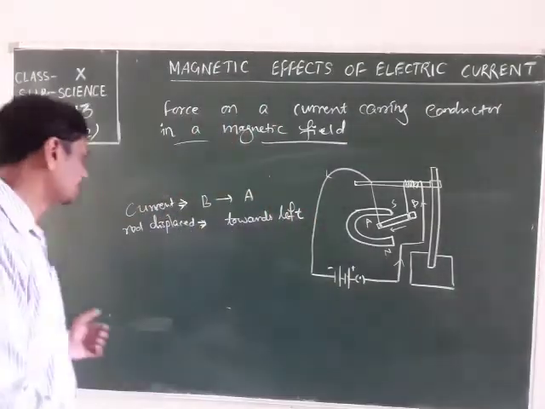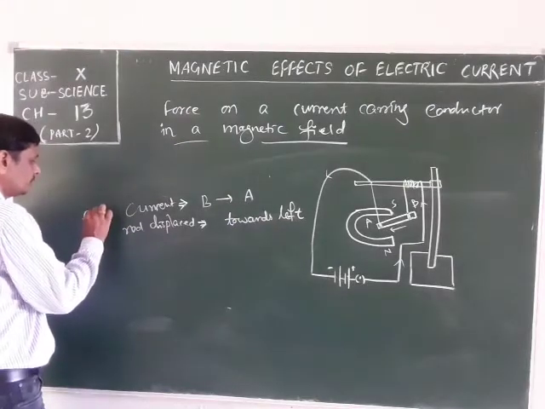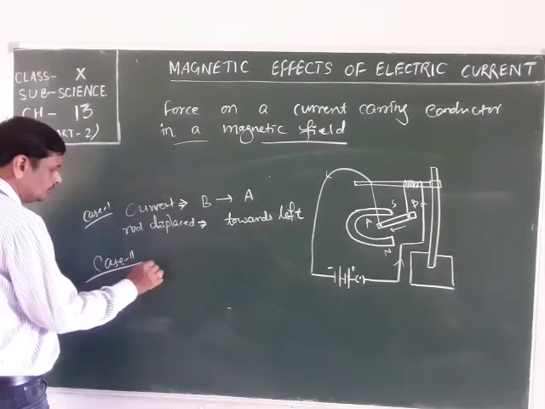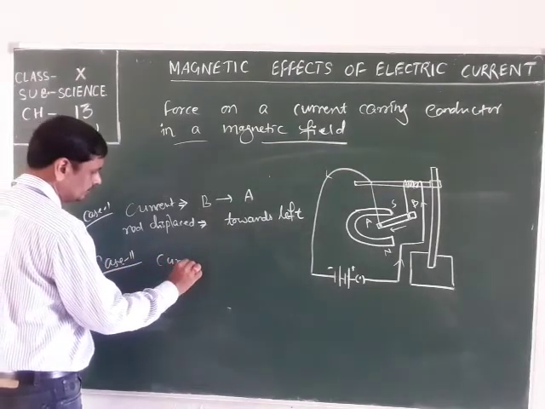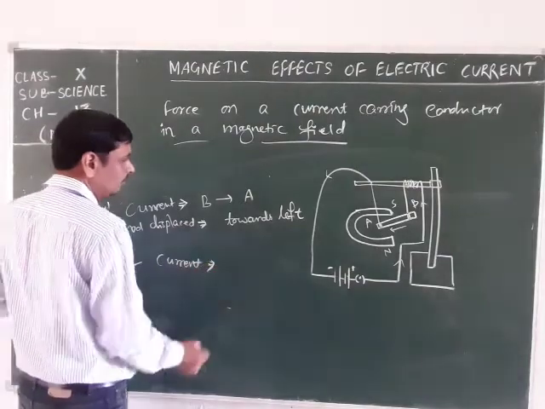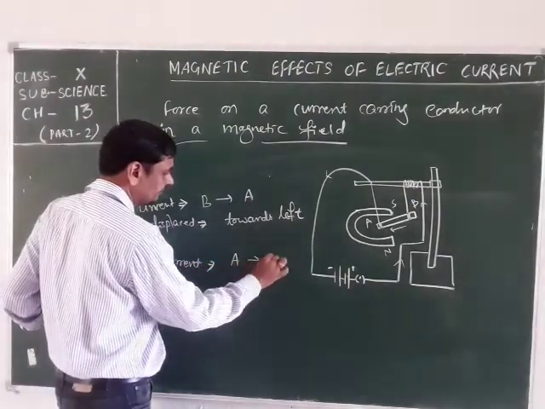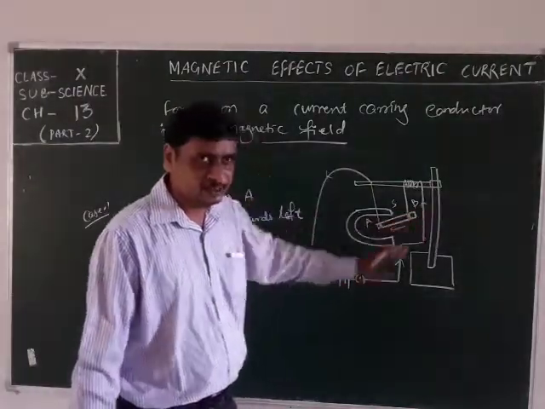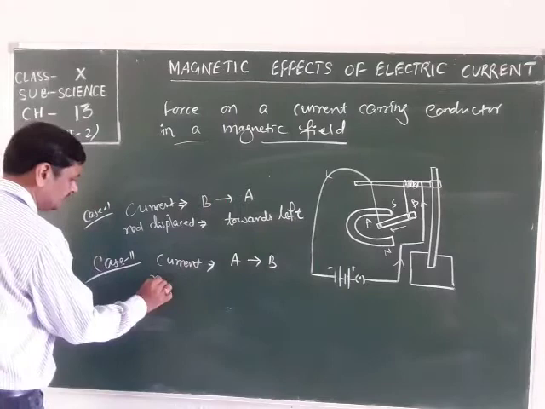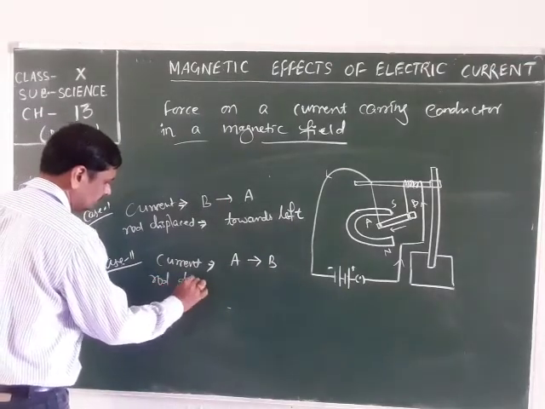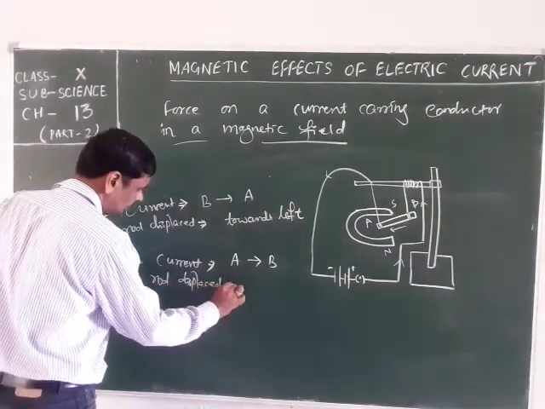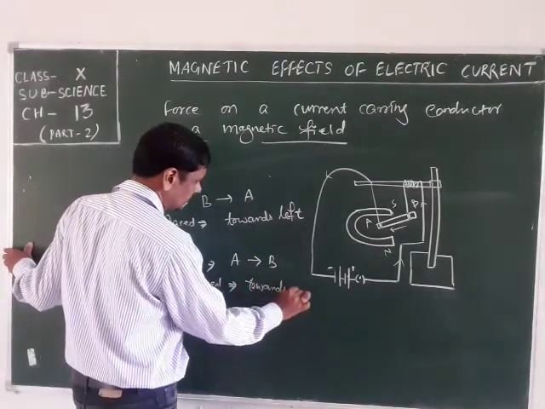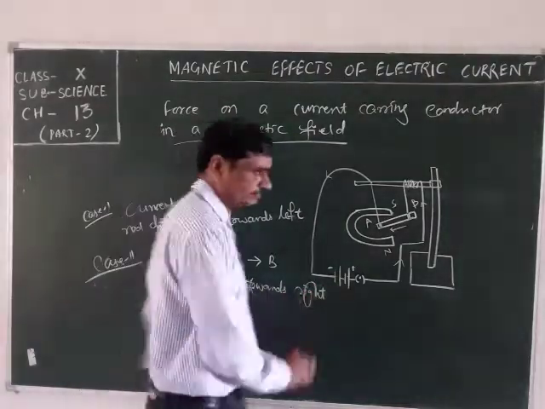But in the second case, when the current moves from A to B, when we change the terminals, the rod will be displaced towards the right.